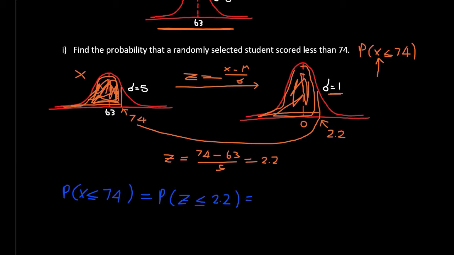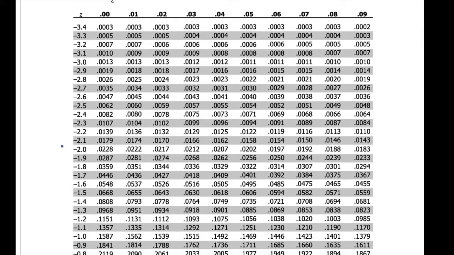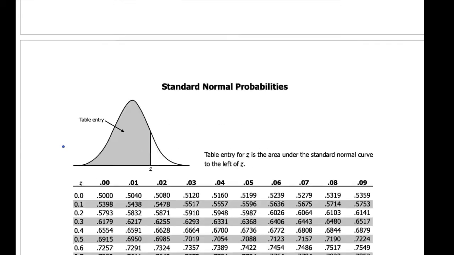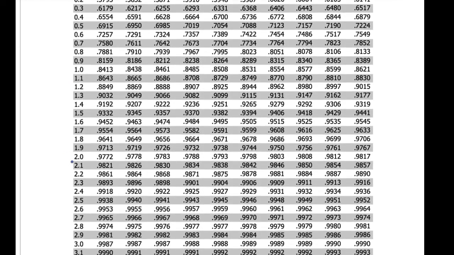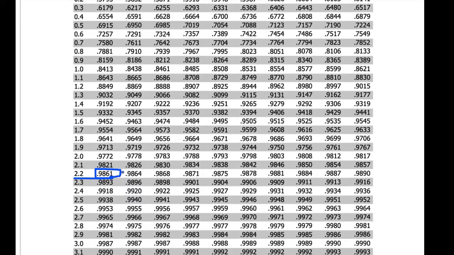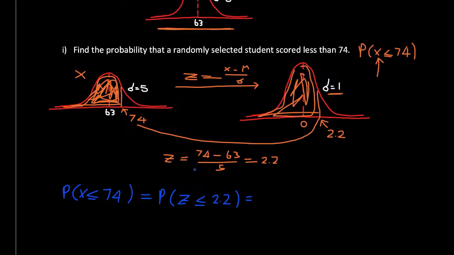Now we can directly go to the table and find the probability less than or equal to 2.2. So 2.2, this should be positive 2.2. 2.2 is here. So this is the number which is the probability less than 2.2, 0.9861.